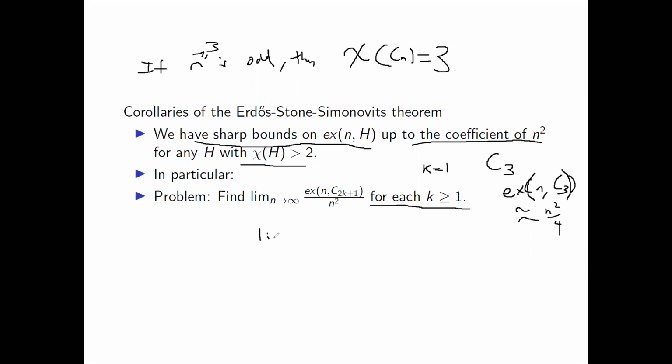So for k equals 1, the limit of ex(n, C3) over n squared, we saw that limit is 1/4. We already proved this. So you need to do this for all the k greater than 1. So we already know it for k equals 1, but you've got to do it for the other k values. But you can use anything that we stated in this video. So anything from this video, you're free to use.